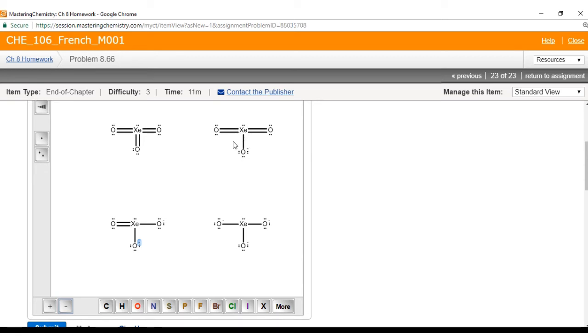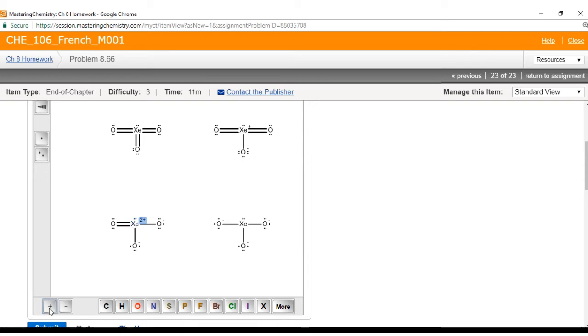and 1 single bond. So what's the formal charge on xenon? It's group number 8, and it has 2 lone pair electrons plus 5 bonding electrons assigned to it. So 8 minus 7. Xenon should be plus 1 in this case. Here xenon has 6 electrons assigned to it. So 8 minus 6 should be a charge of plus 2.